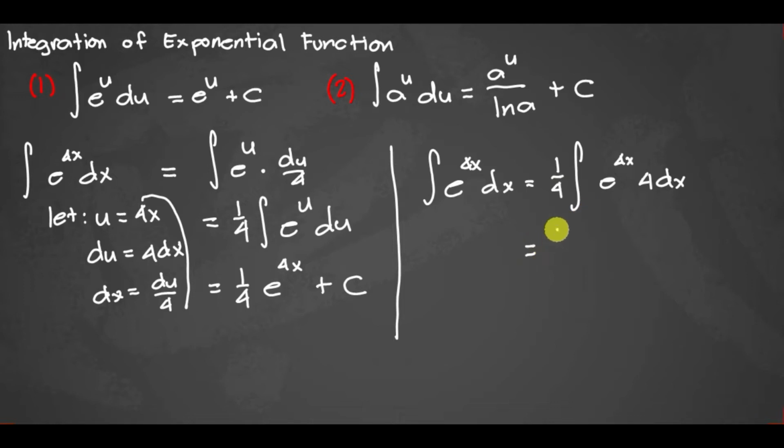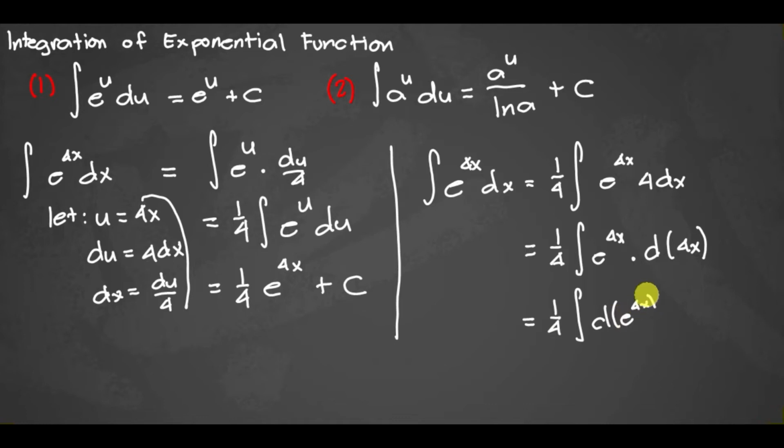Now this will equal 1/4 integral of e raised to 4x, and our 4 dx is simply the derivative of 4x. We can rewrite this as d of 4x, and this will also equal 1/4 integral of d of e raised to 4x. Now applying the integral sign, we will have 1/4 e raised to 4x plus c.